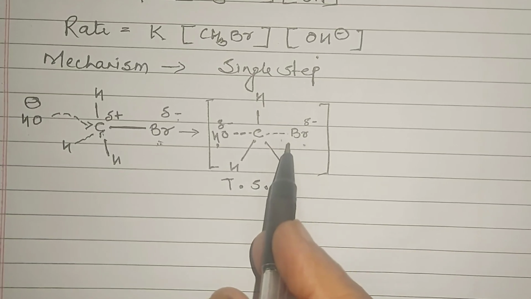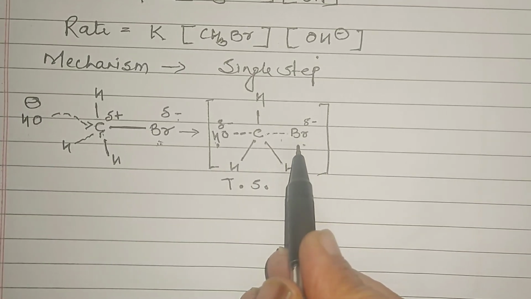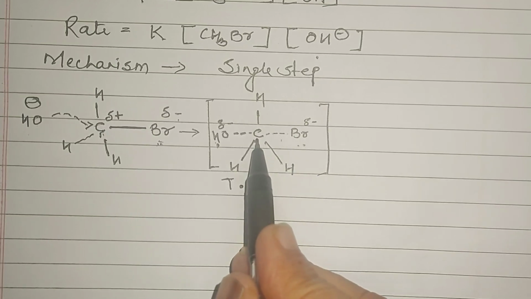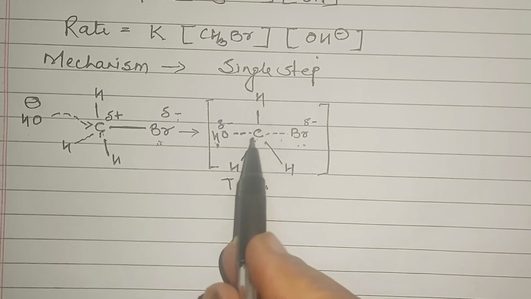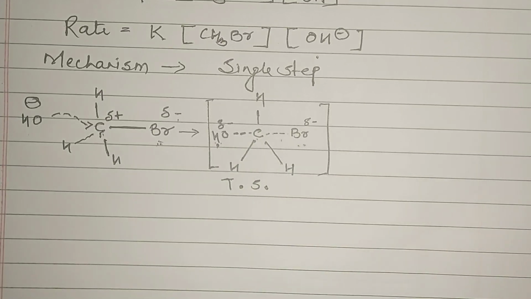The distance of OH delta negative and Br delta negative from the central carbon atom is equal.